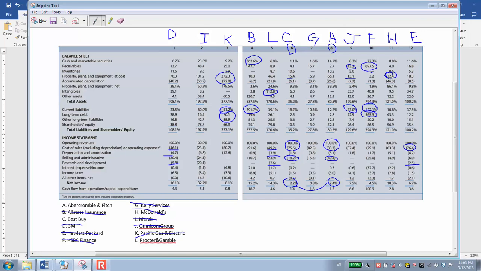And also, if companies pursue different business strategies, this will be reflected in their expense and revenue or bottom line profits. Okay, so that's the way you identify companies, by using their financial numbers.